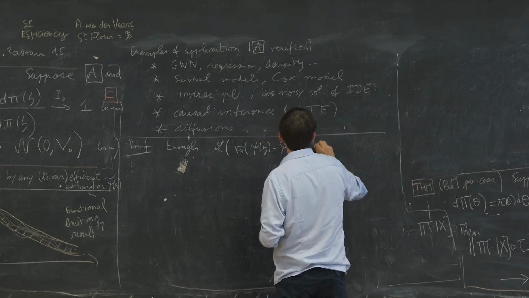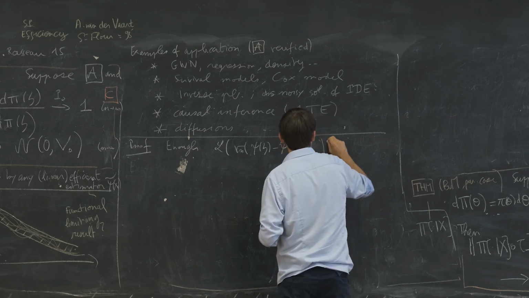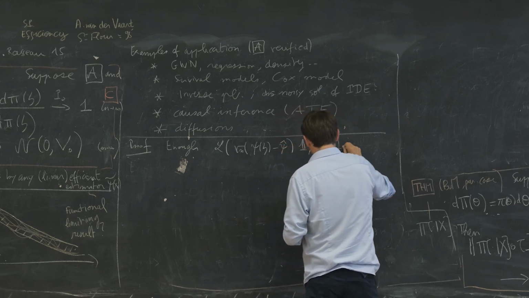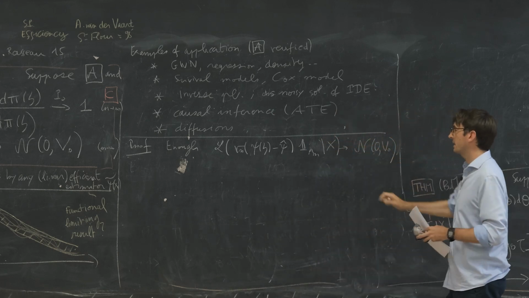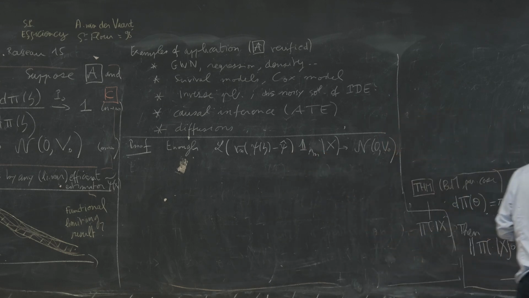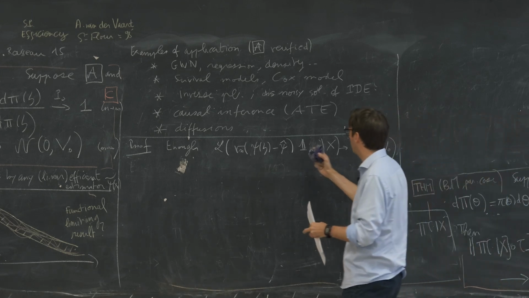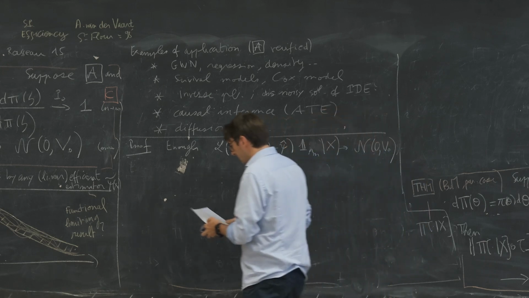I can put an indicator here, an indicator given x_n, of the set with v_0. The reason is that for the other term, with the indicator of the complement, since the posterior of the complement will go to 0, the probability that it's non-zero will go to 0. So the other term goes to 0 in probability. Okay, so I can focus on this.